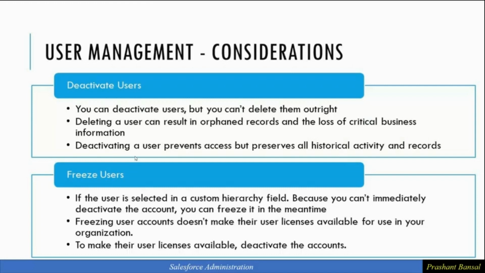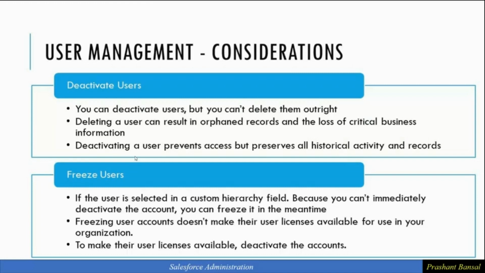Now, with freeze user, if the user is selected in a custom hierarchy field, you can't immediately deactivate the user, so you can freeze it in the meantime. What does this mean? We have a role hierarchy that is used for data sharing, which I will explain later.